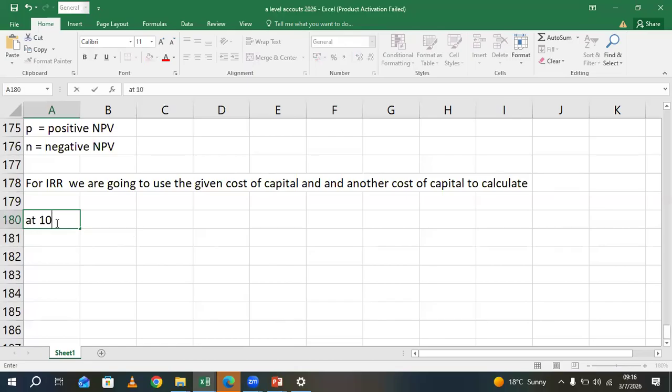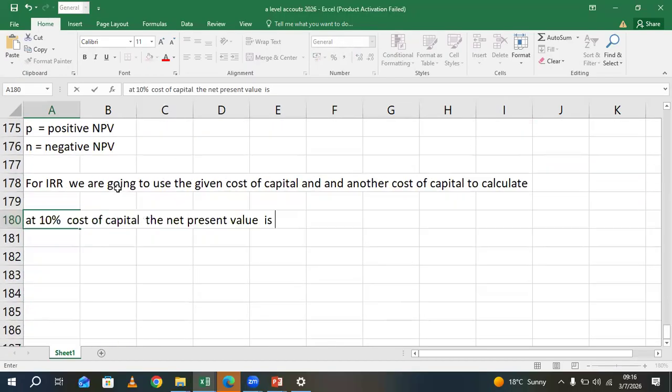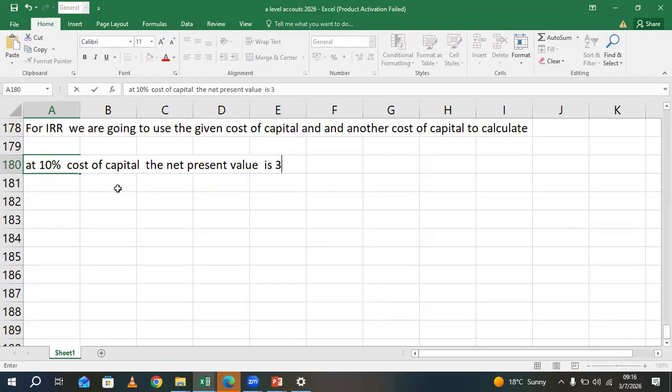So at 10% cost of capital, the net present value is 3,245.